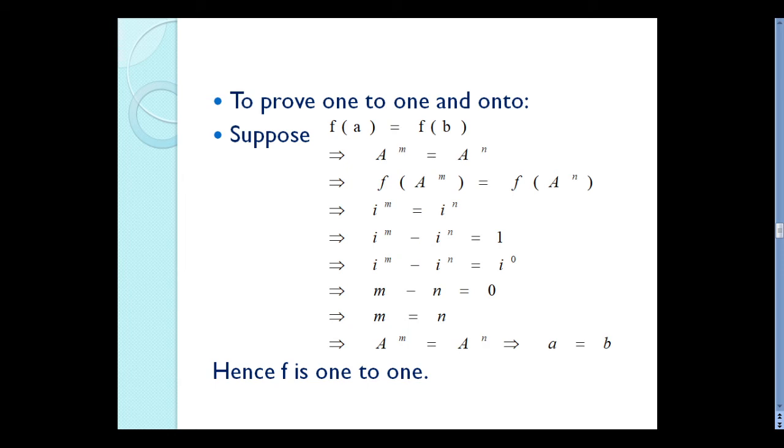On subtracting, this 1 can be written as i power 0. So comparing all the powers, we get m minus n equal to 0. So we get m equal to n. So I can prove that a power m is equal to a power n. Both are equal, which implies this is one element, we say a, and this is another element b. a equal to b. Since a is mapping onto b, both are equal, we can tell that f is 1-1.